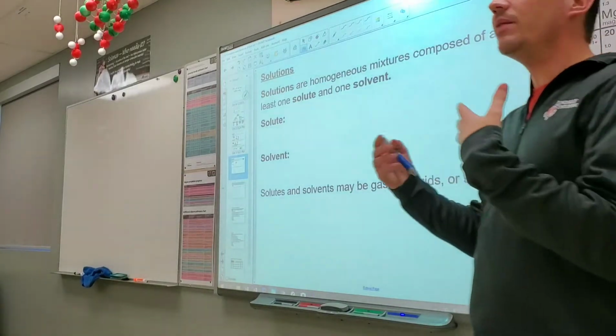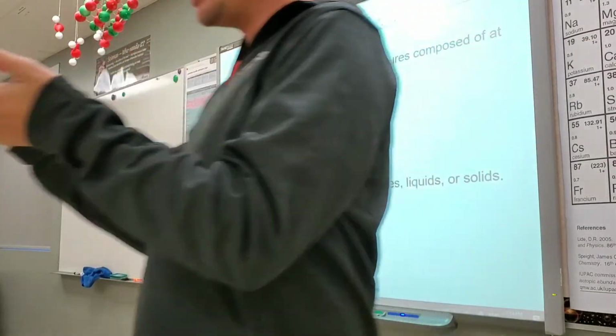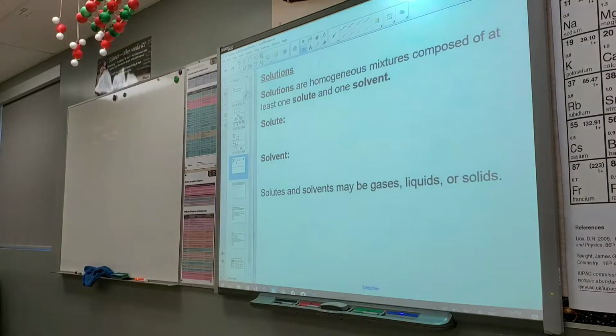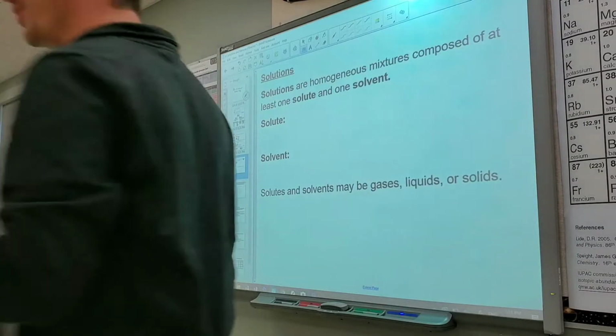What does that mean? That means that it's something that when I add it to something else, you cannot tell the difference. And here I should really be wearing proper protective equipment, but that's fine. Can you tell the difference between these two things? Well, one's shorter and one's bigger.